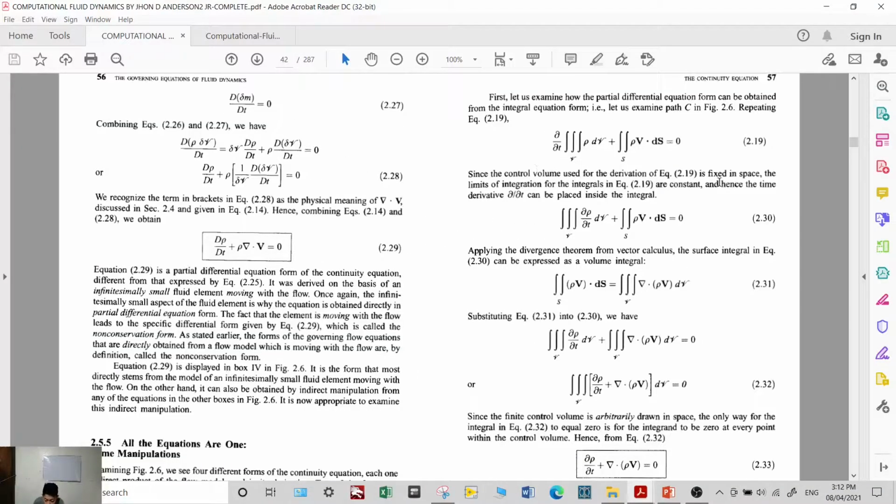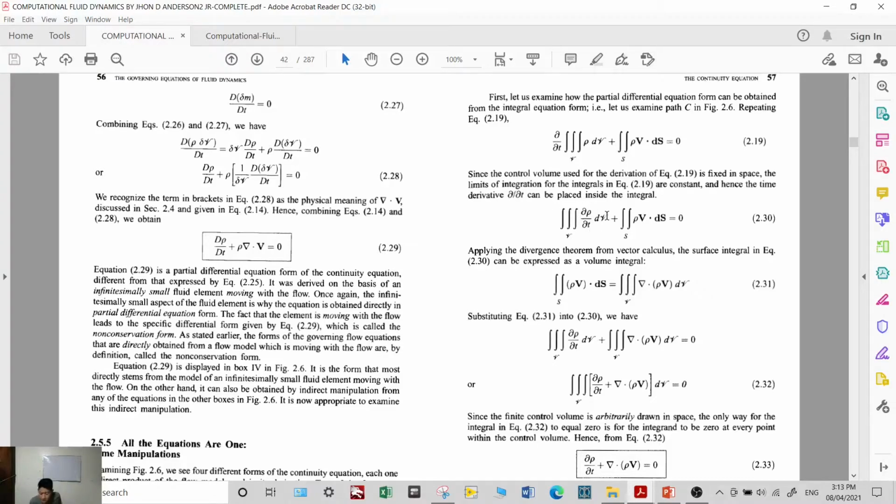Since this equation is taken from a finite control volume that is fixed in space, the integration limits are constant. Okay, your control volume is fixed, so the derivative can be moved inside the integral, as the partial of rho with respect to t. So, this becomes this form.